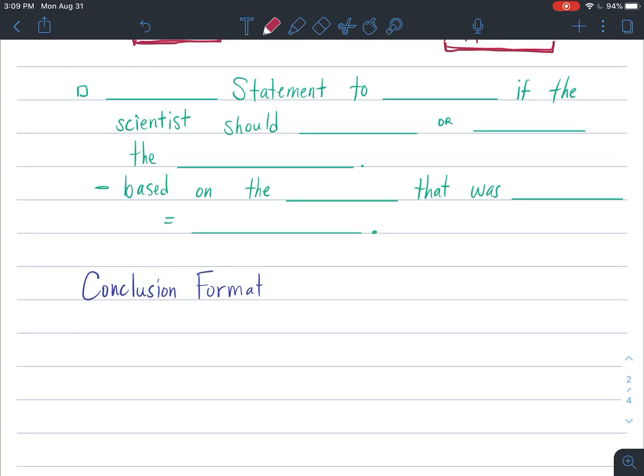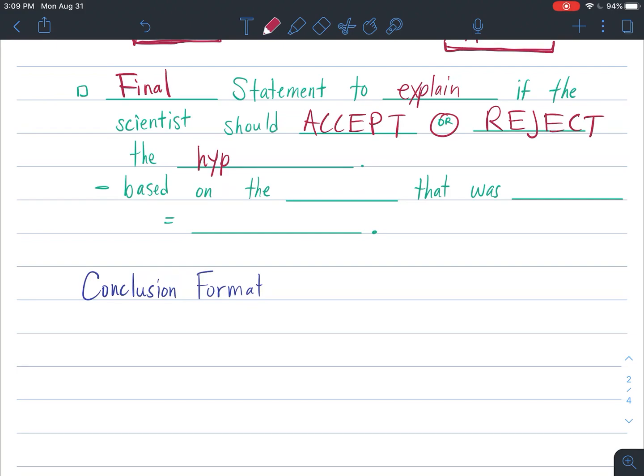Now, it could also be described as a final statement. And it's a final statement to explain if the scientist should either accept or reject the hypothesis. So you can imagine if you guessed correctly, then you would probably say, well, we should accept the hypothesis.